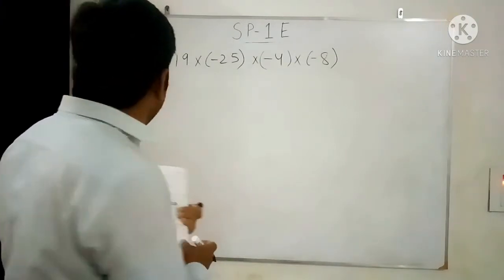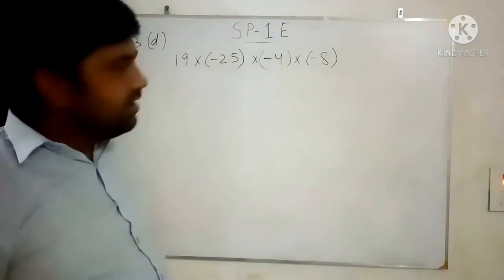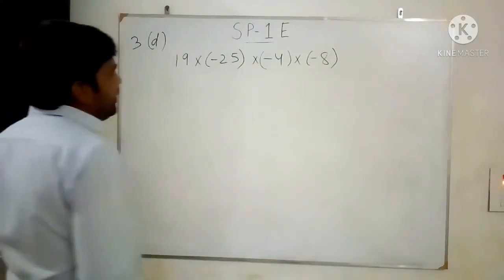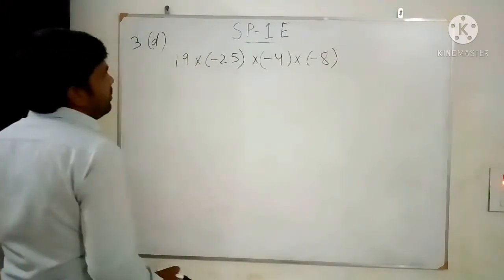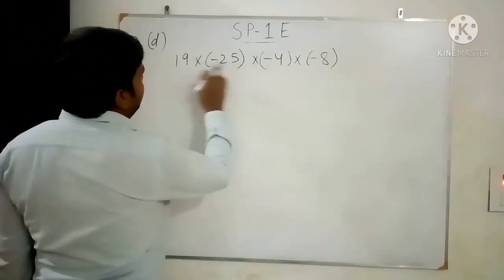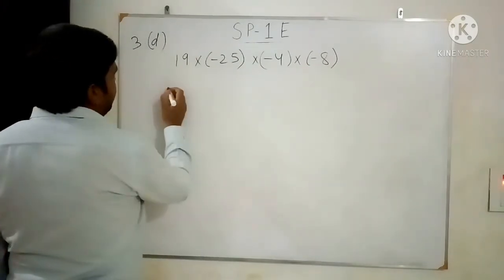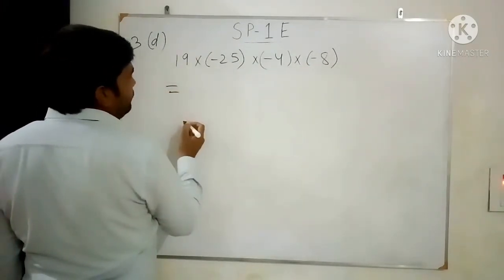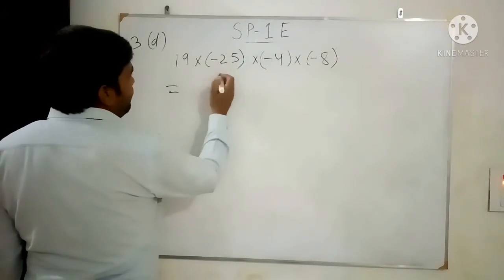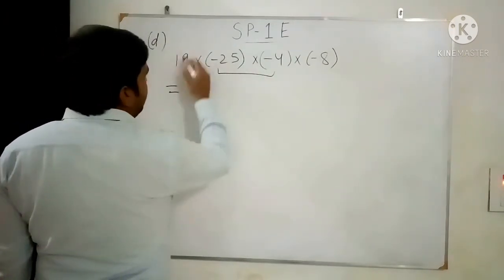Which property? Associative property, when more than 3 integers are multiplied. So how do we do the multiplication here? First we multiply two numbers and after that we multiply the other two, using the associative property. We make pairs of these numbers.